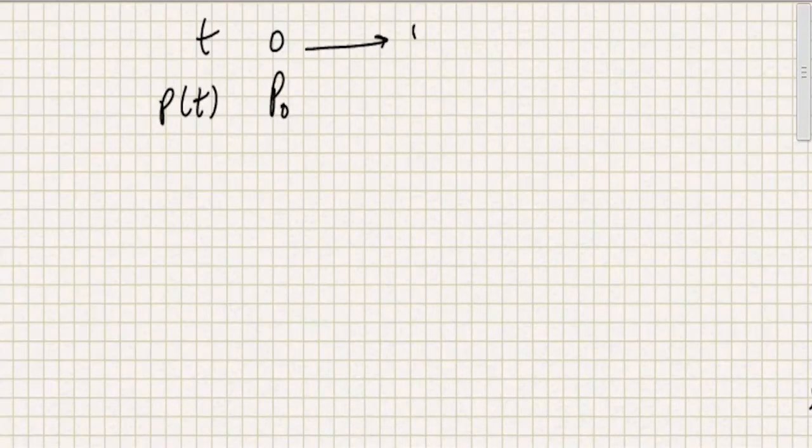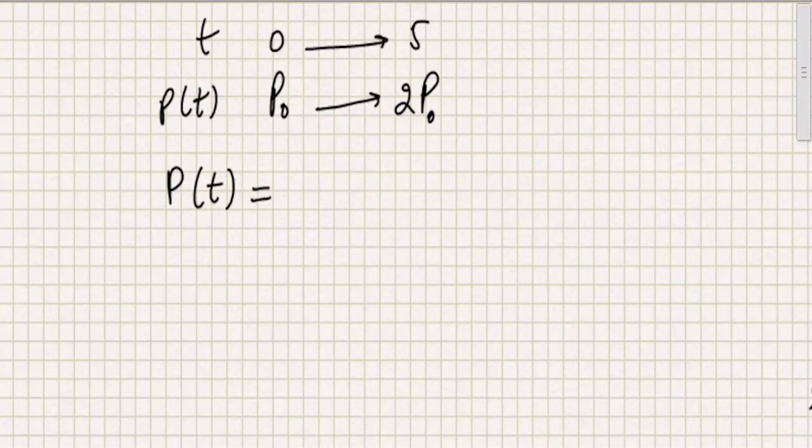We know that at time 0 the population was P0, and at time 5 years the population became twice that of the initial population P0. Whereas the solution of P(t) we have just found out to be C e to the power kt, right?